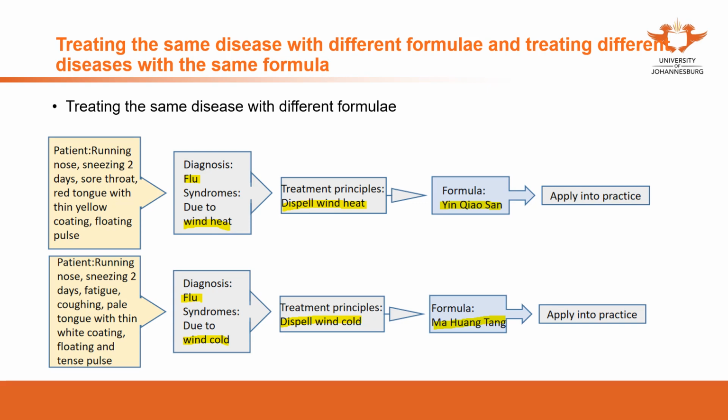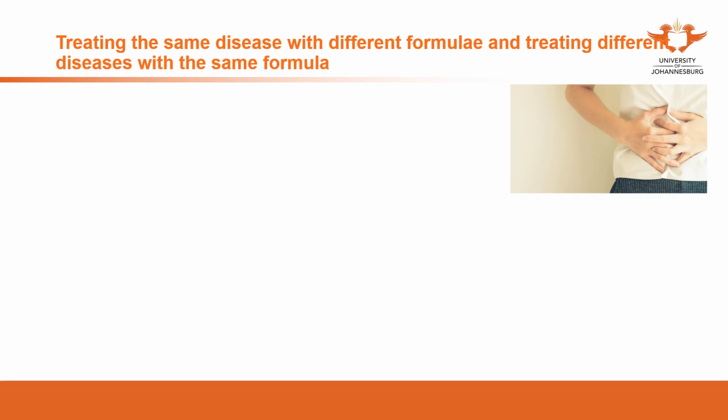But when you look back at this case, both of them got the same disease. They got flu, but we used different formulae, and then they could recover. That's treating the same disease with different formulae. The next one we're going to show you as an example is treating different diseases with the same formula.